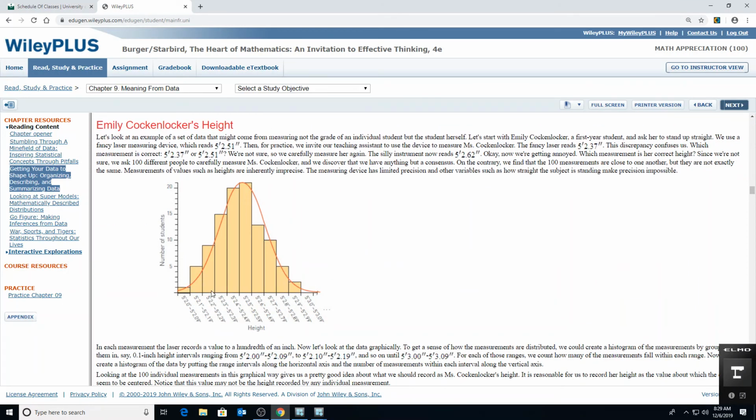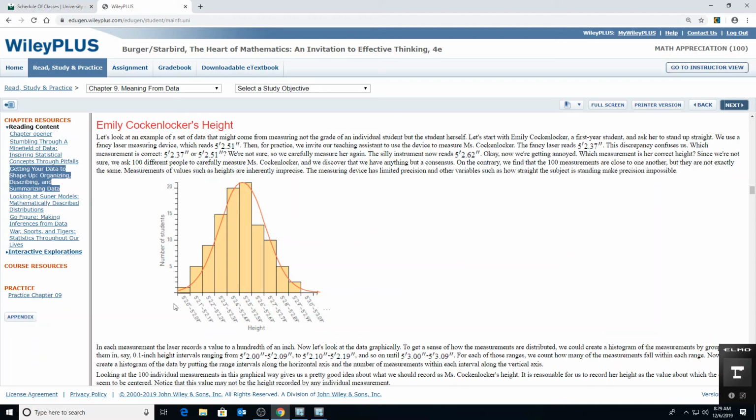This histogram shows the frequency, as all histograms do, the frequency of heights. Did you know when you measure something, your measurements are not necessarily always going to be the same? We're measuring the height of one person here, and these measurements are not always the same.